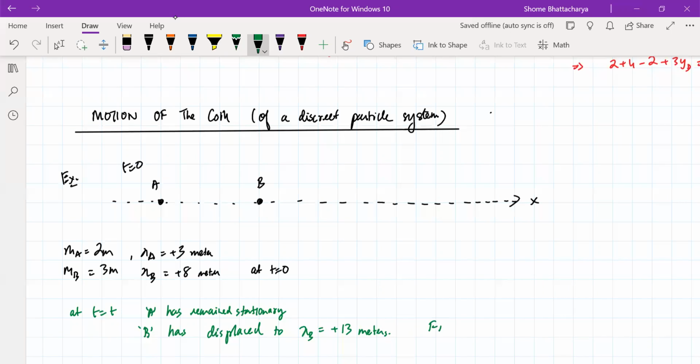So we want to find the displacement of this system's center of mass.